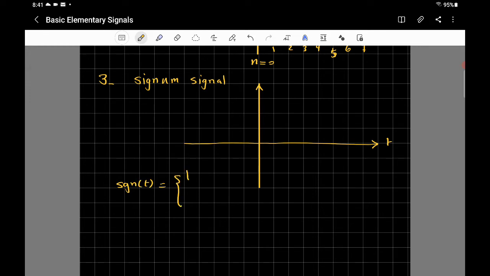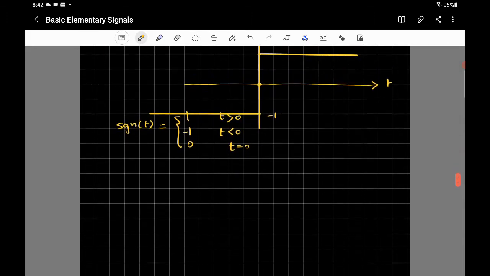It's equal to 1 when the time is greater than 0, and minus 1 when t is less than 0, and 0 at t equals 0. You take the average, 1 and minus 1 divided by 2, so the value is 0 at this point. That simply expresses the sign. It means when the time is positive, it's equal to 1. When the time is negative, it's equal to minus 1. When the time is 0, the value is equal to 0.